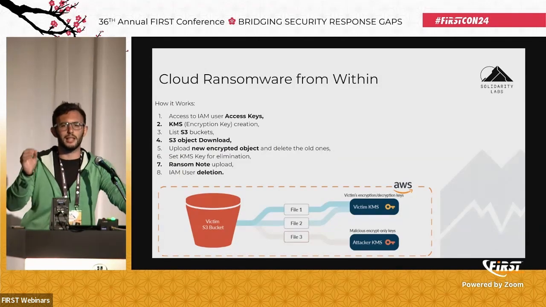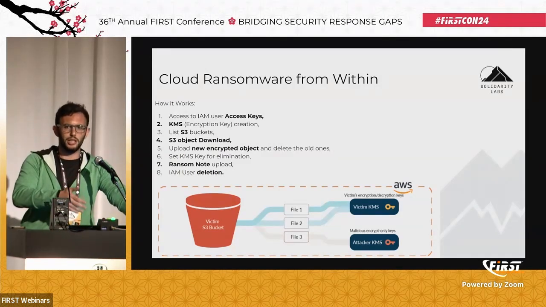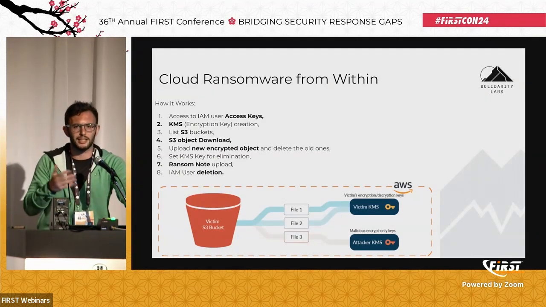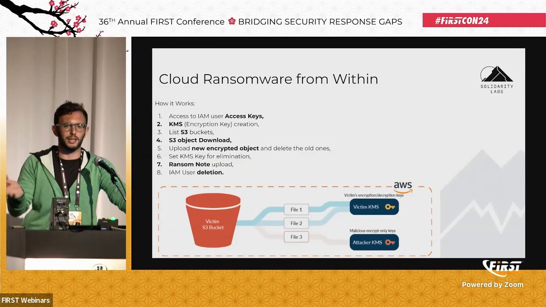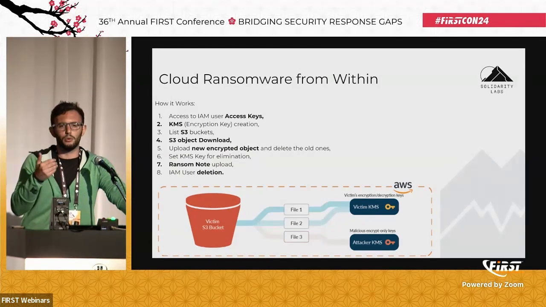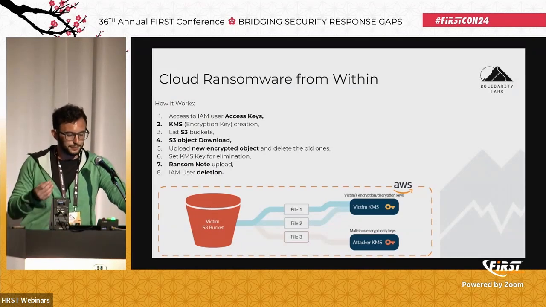So what they do is create an IAM user, assign that policy to that IAM user, and remove the user so that you don't get access anymore to that key and you can't recover it. So the objects that are encrypted with that encryption key would not be retrievable even if you are root in the tenant, and that's awful. So that's why it's important for us to respond quickly to these kinds of events.